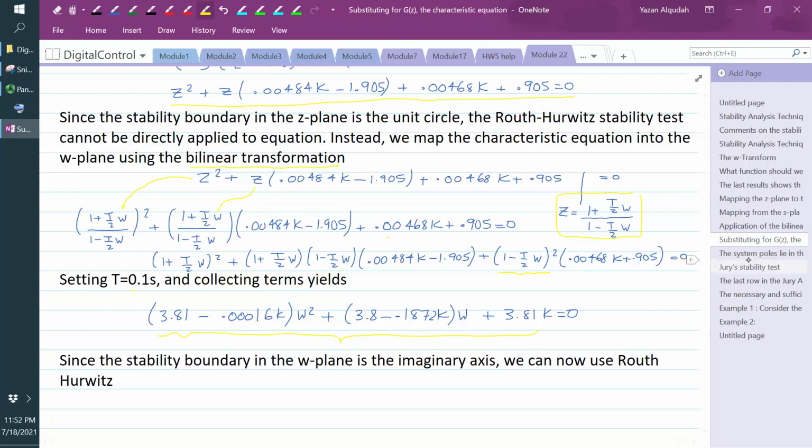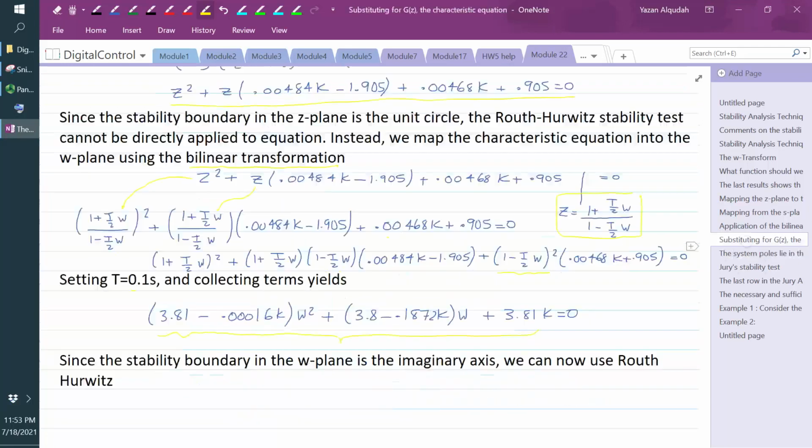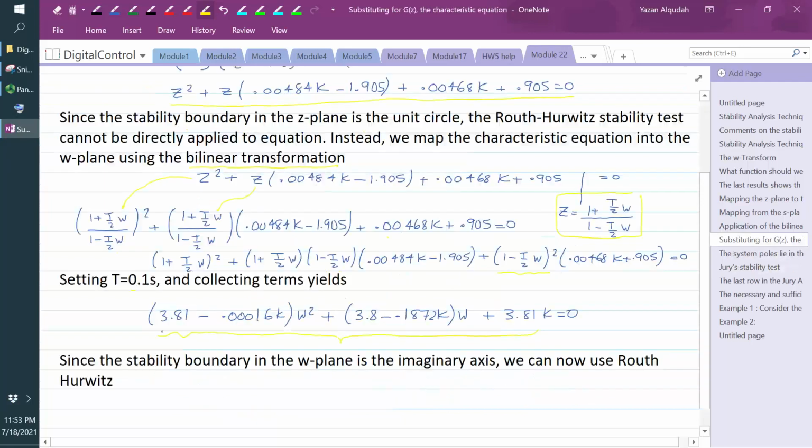So I'm going to come to Routh-Hurwitz and generate the Routh-Hurwitz array. If you recall, this is second order, so it's straightforward. W squared: this is the first, the A0 or A2 if you like, A1, A0.